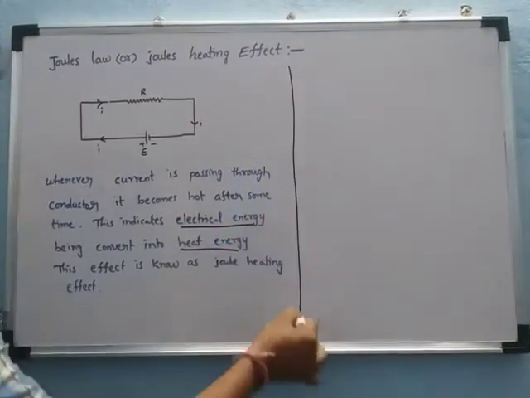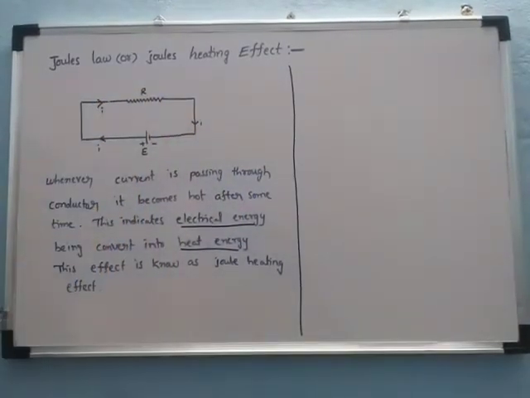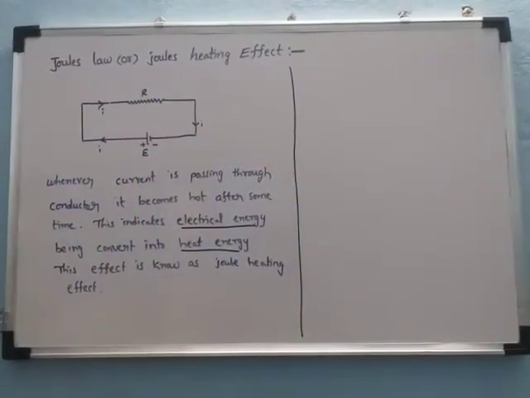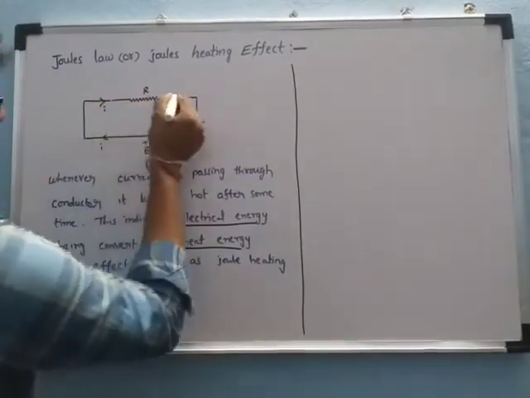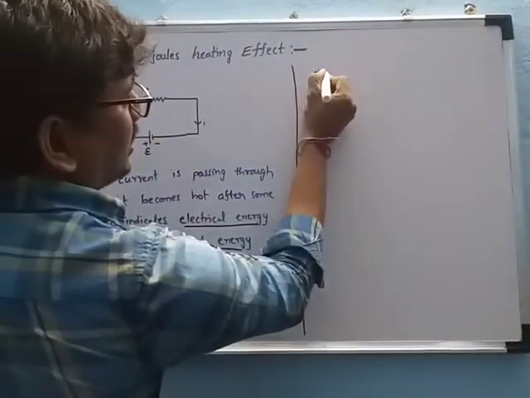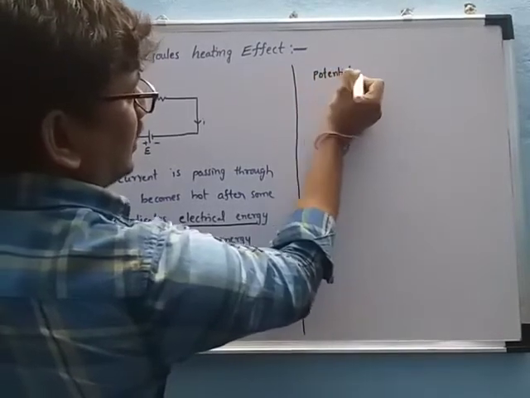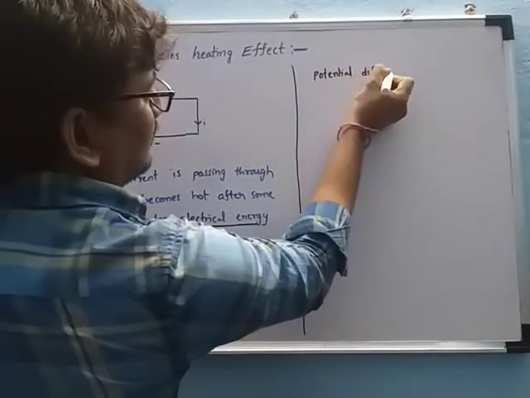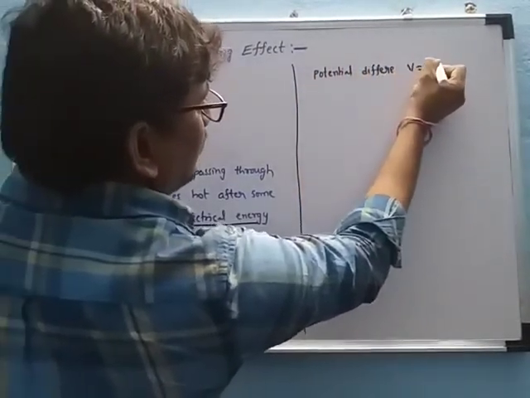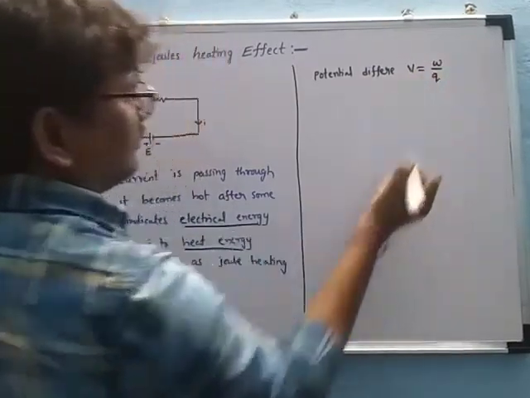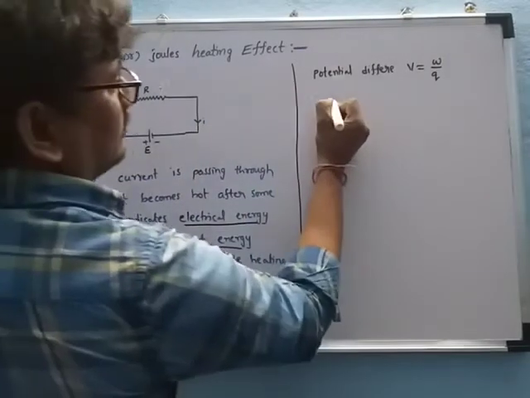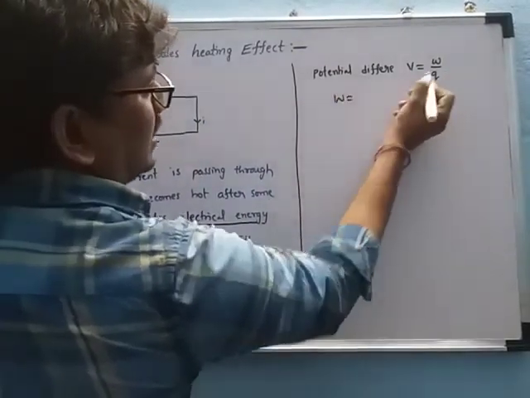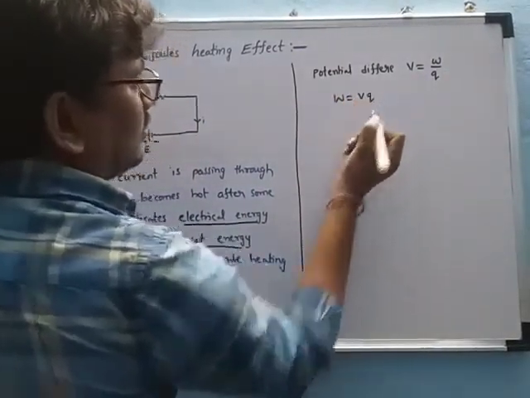Now, when a current is passing through this resistance, a potential difference is produced in the conductor. The formula for potential: V is equal to the amount of work done per unit charge. Now the work is equal to potential into charge.